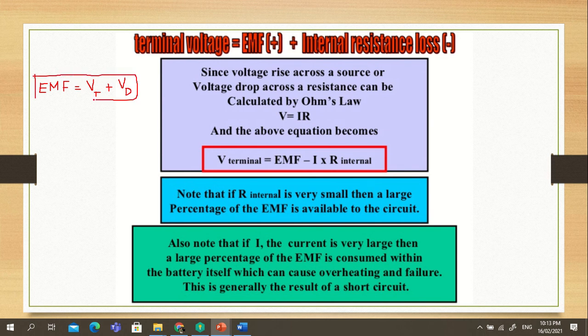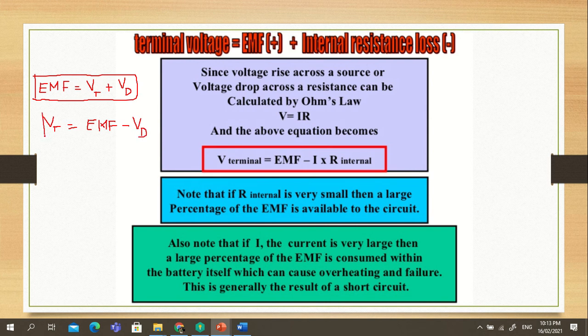Or when you solve for the terminal voltage, VT, this is the difference. Subtract both sides by the voltage drop, so we have EMF minus the voltage drop across the internal resistance.